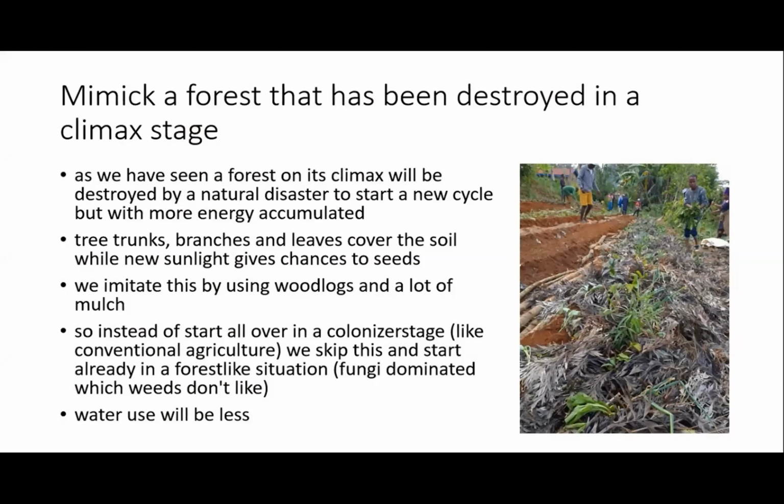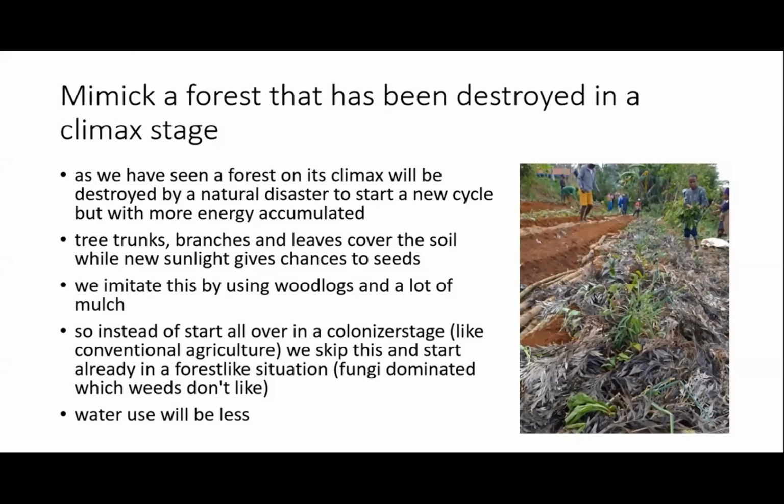Okay, in order to skip those phases we mimic a forest that has been destroyed. When the forest has been destroyed, all the trees fall down, the branches cover the soil, the leaf material covers the soil, so in this way it's an acceleration of growth also, because it's an acceleration of energy that has been falling down to the earth. We mimic this.